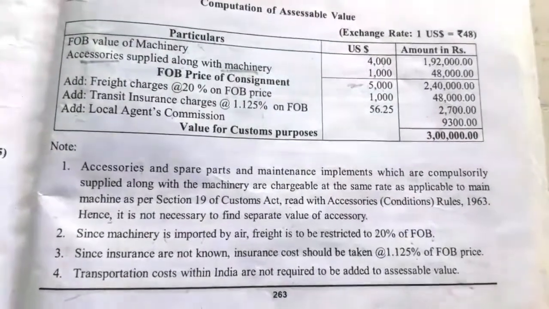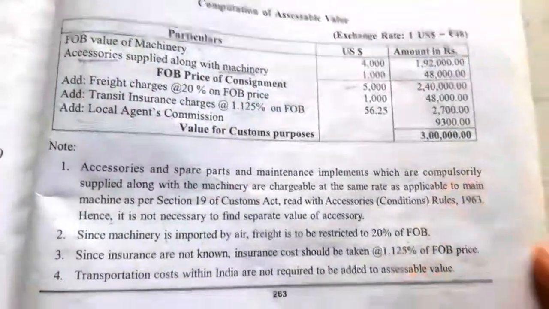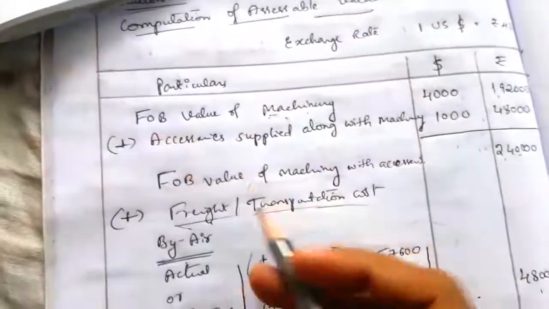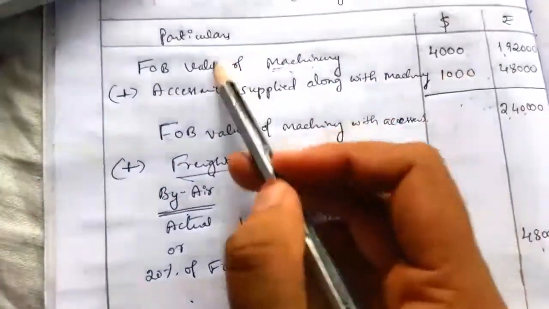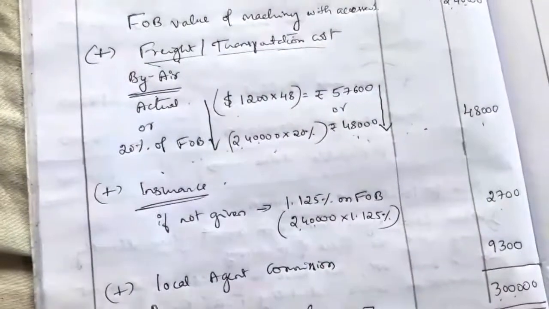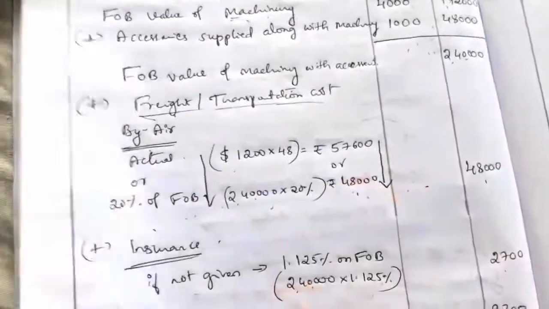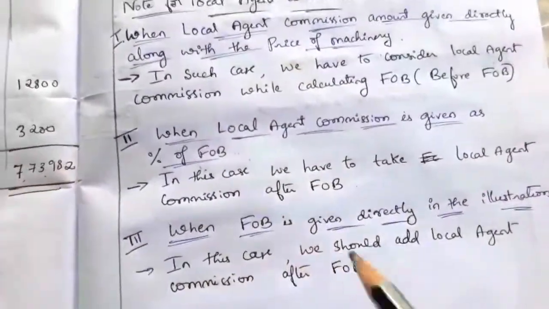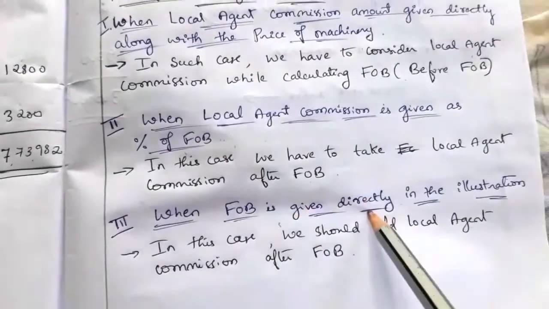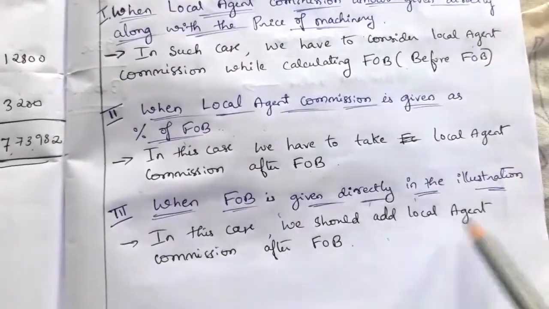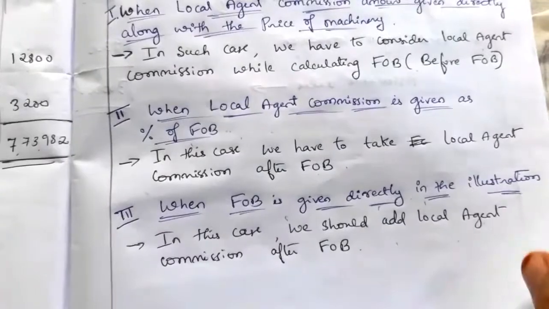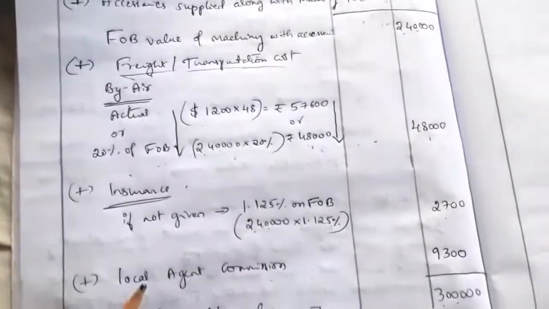And the fifth note: in this illustration FOB value is given directly, so we have to add the local agent commission after FOB. That is the third case. So that is about the notes relating to this illustration. I hope you understood.